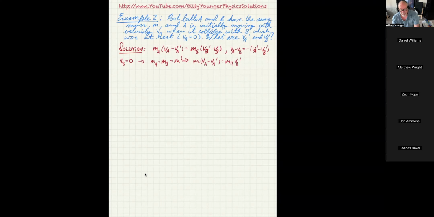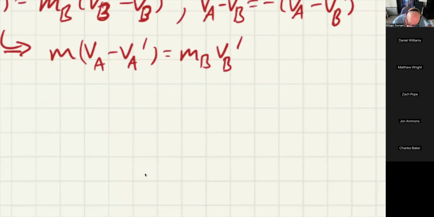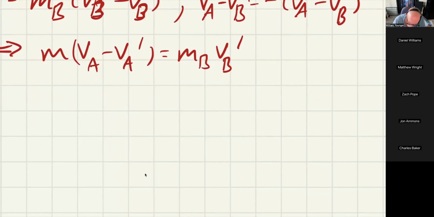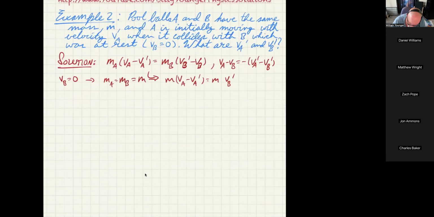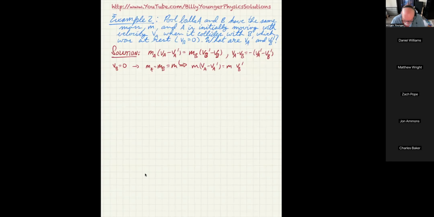In other words, the VB has disappeared, and we have an equation that includes M. We're changing all the M's to just plain M instead of MB and MA. But this one has two unknowns.